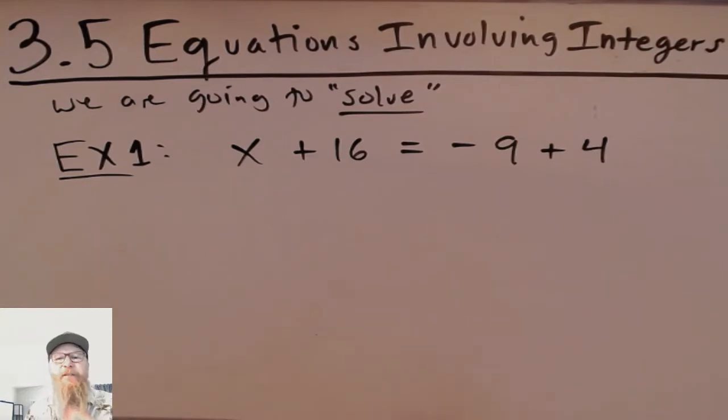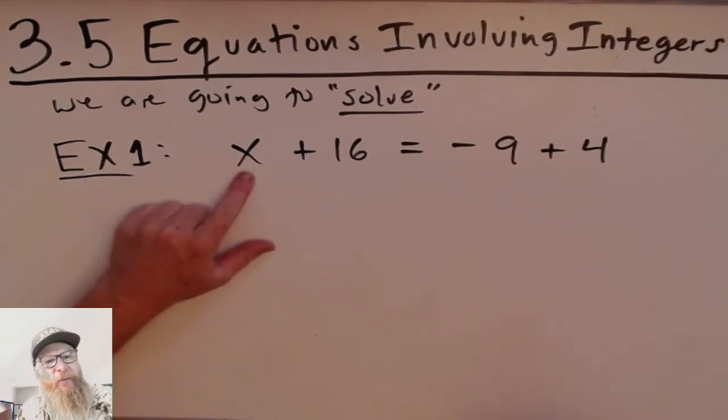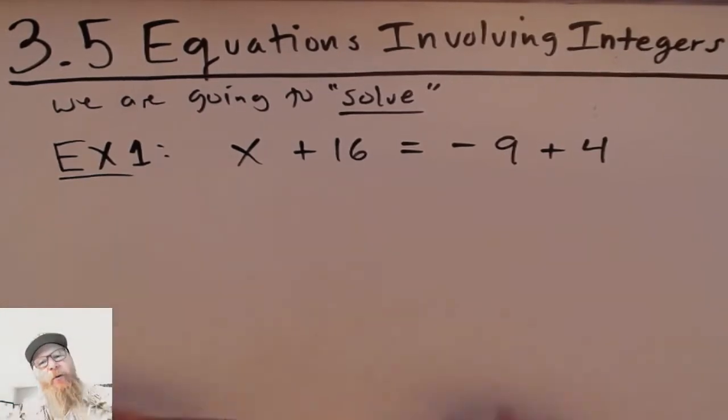Something like this. For my first few examples, we'll just have a single variable x. As we get more into it, we'll have x's in various places and things like that.